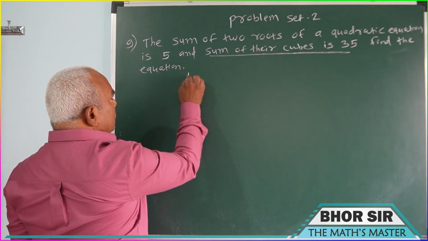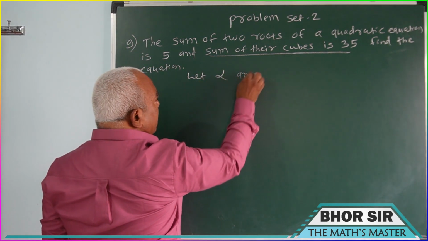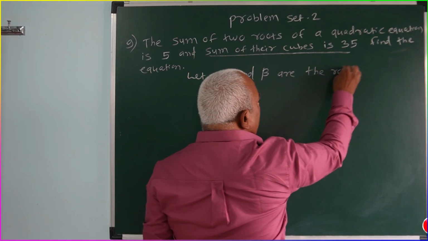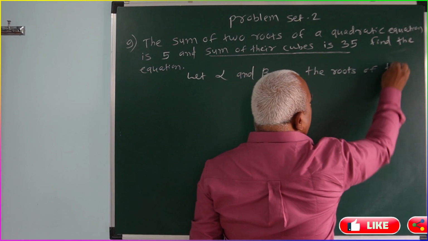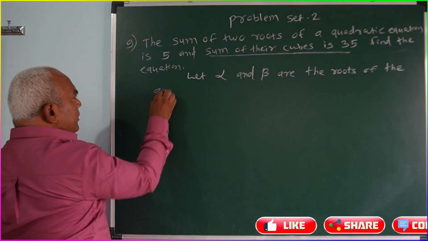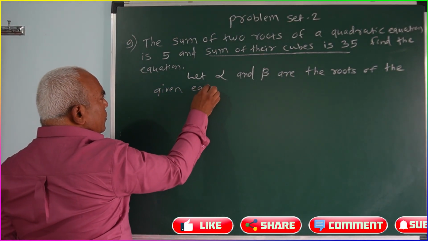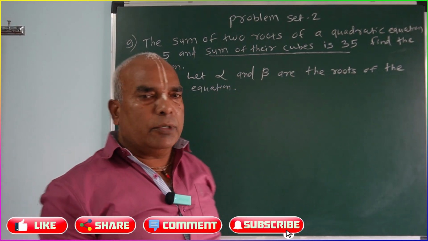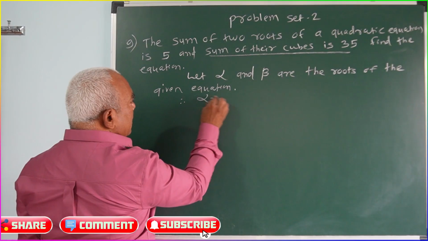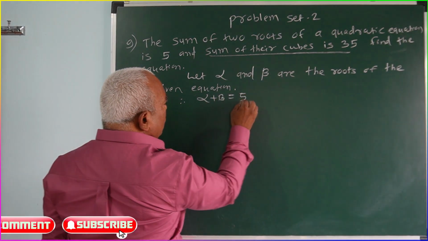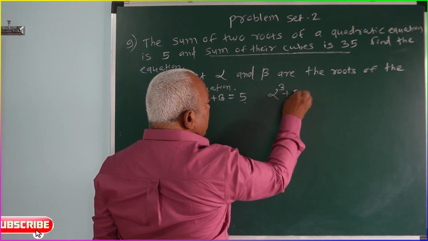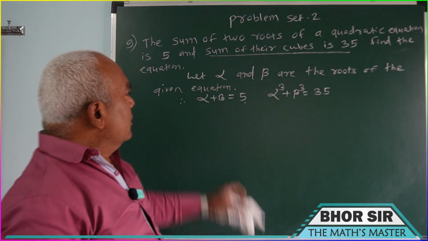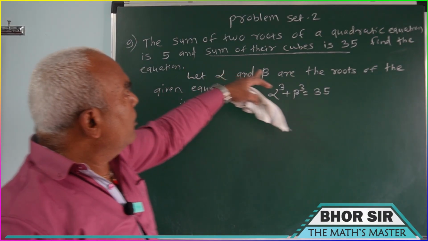See now here, let alpha and beta be the roots of the given equation. Therefore, we can say directly alpha plus beta is equal to 5 and alpha cube plus beta cube is equal to 35. Sum of roots 5 and sum of their cubes 35.